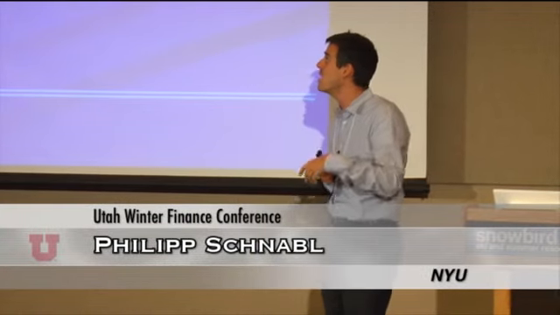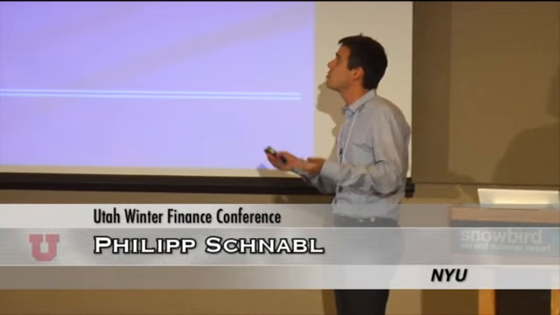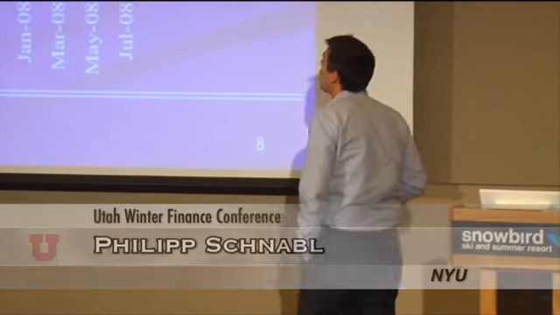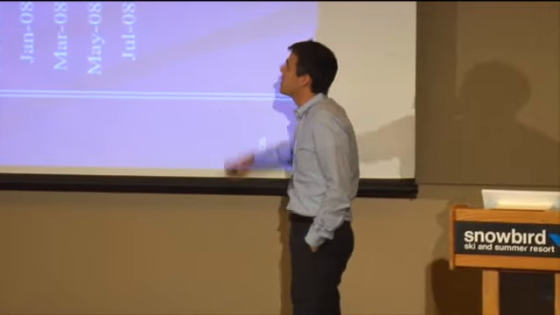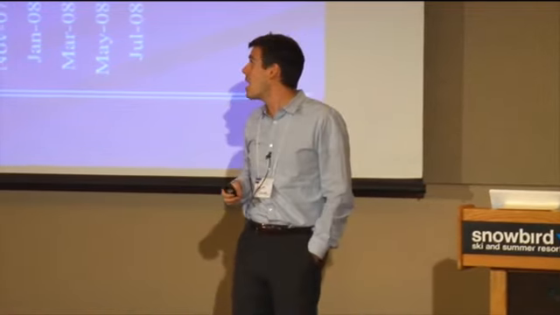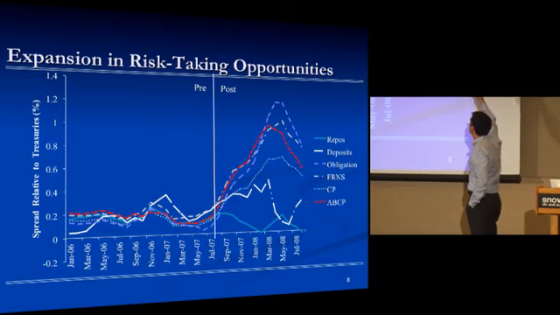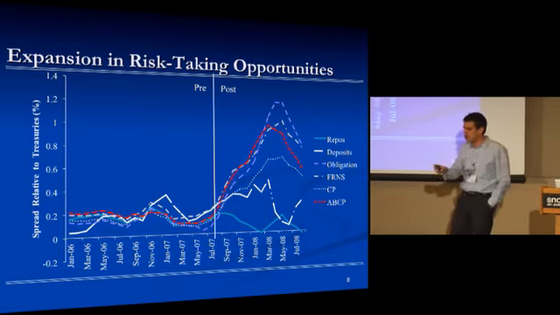If a fund is able to generate inflows, they charge a fixed percentage of assets under management to generate more revenues, and that's a way for a fund to make more money. Now, what happened? Which instruments became riskier? Basically, I'm showing you different asset classes, so repos, deposits, bank obligations, floating rate notes, commercial paper, asset-backed commercial paper, relative to treasuries.